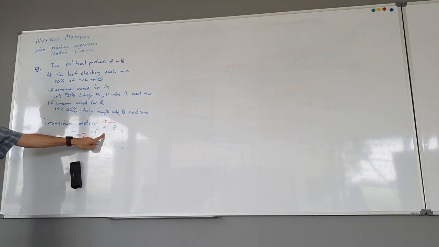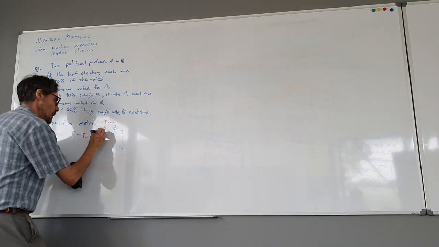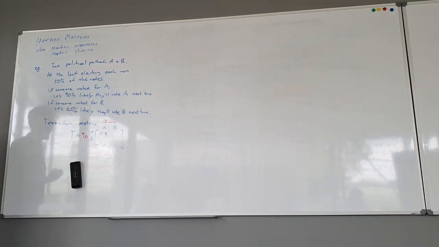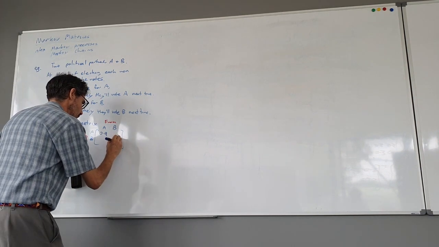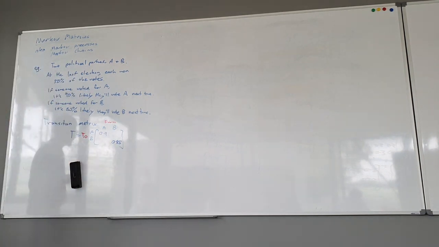If they did vote for A, there's a 90% chance they'll still vote for A. And if they did vote for B, there's an 85% chance they'll still vote for B.